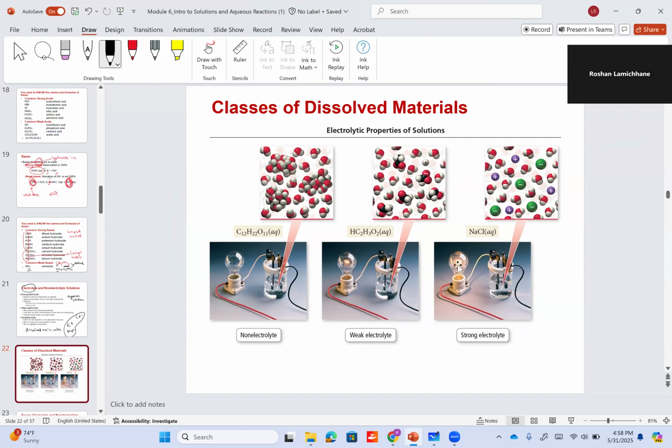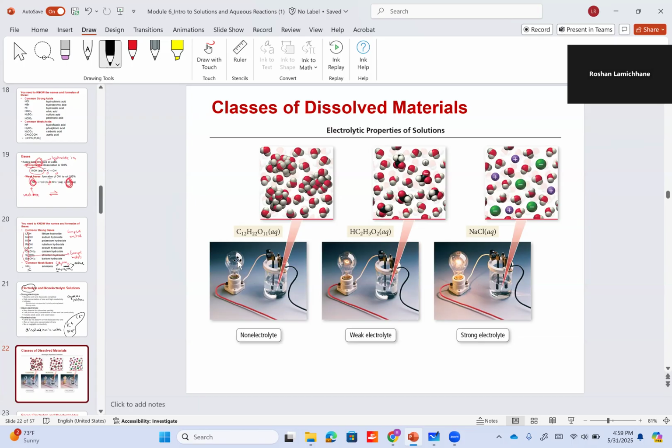But look at the brightness level. This brightness level is not as strong as the one on the right. And finally, we have some solutions in liquid form. This is sugar that has been dissolved in water. Now, if you complete the circuit, the bulb will not light up.